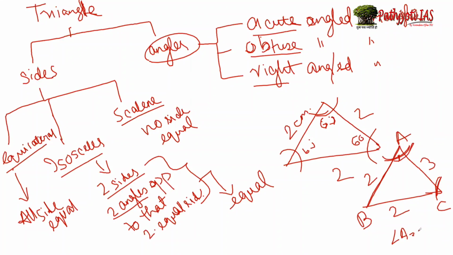BC is opposite to A, and AB is opposite to C. Since AB and BC are equal, angle A and angle C will also be equal. This is the property of an isosceles triangle.